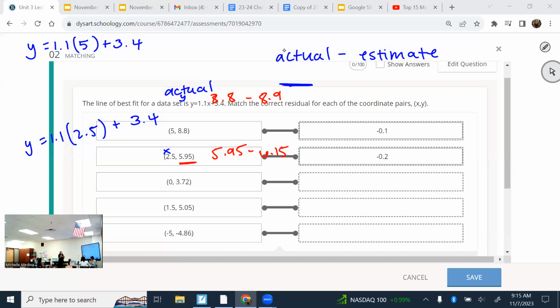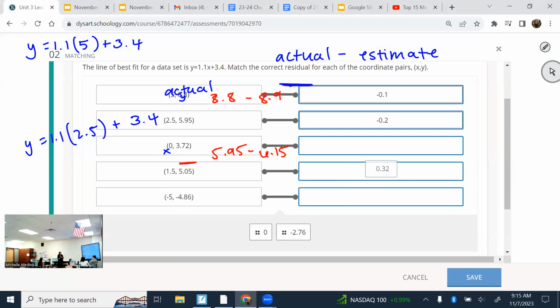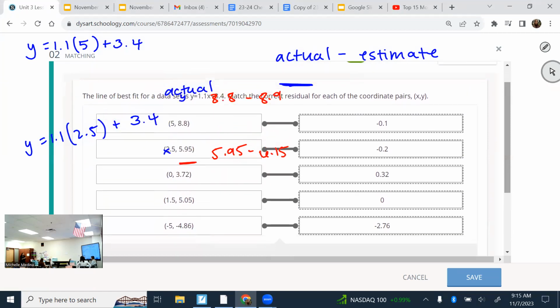So let's see. Table 1, what did we get for this block right here? And then process of elimination, let's see if that's right, and it is.